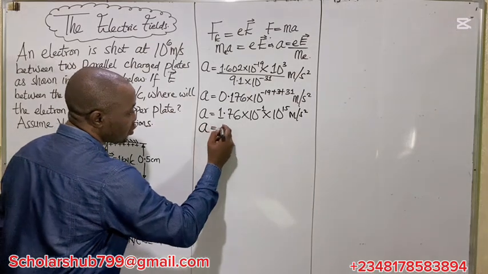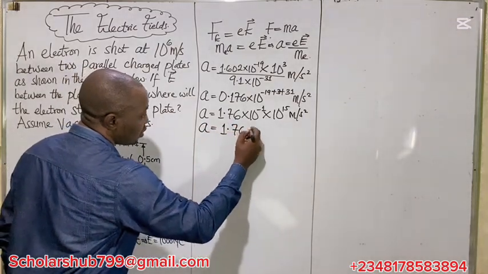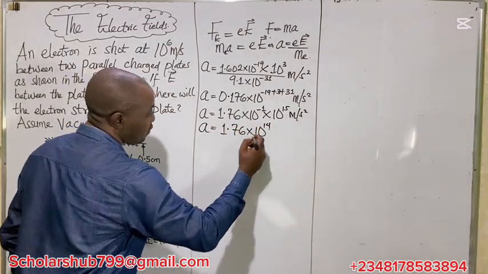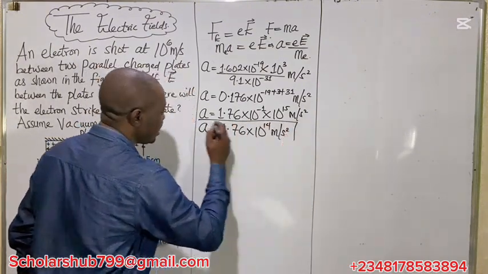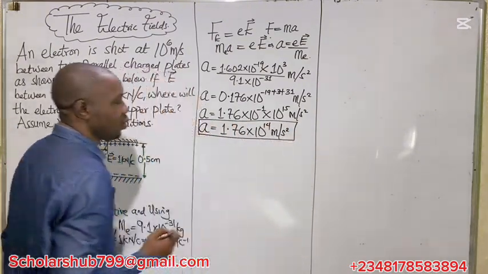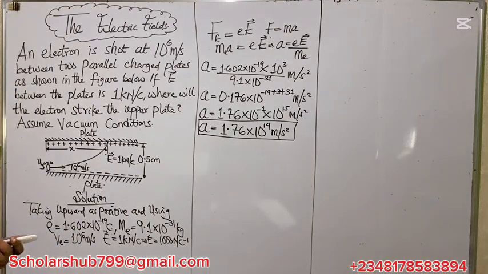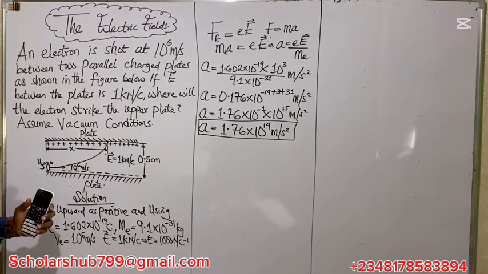So the acceleration will be 1.76 times 10 raised to the power of 14 meters per second squared. So this is the acceleration developed on the electron.